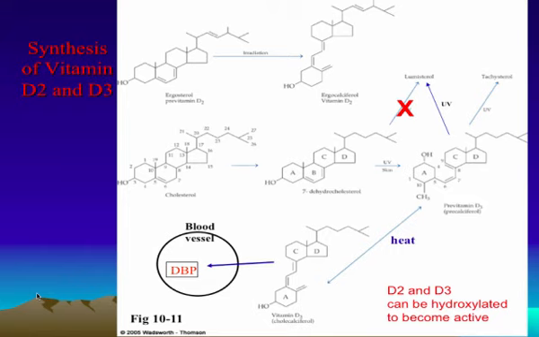Now, down here, this is an important point. Vitamin D2 and D3 have to be hydroxylated to become active. We'll talk more about that coming up. Is vitamin D2 bound? Yes. D2 and D3 bind DBP.